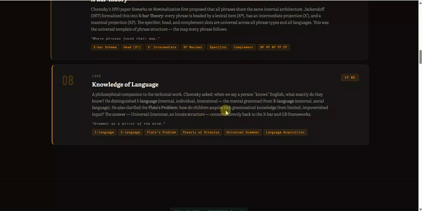How do children acquire rich grammatical knowledge from limited, impoverished input? Chomsky answered this question by saying universal grammar, an innate structure, connects directly back to the X-bar and GB framework. So this states grammar as a mirror of the mind. He introduced I-language, E-language, Plato's problem, poverty of stimulus, universal grammar, and language acquisition.